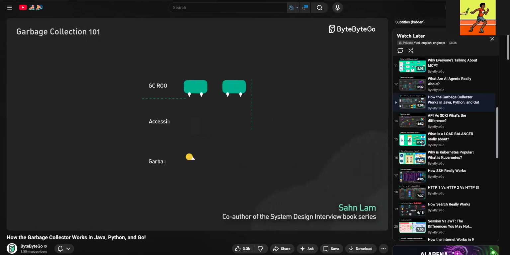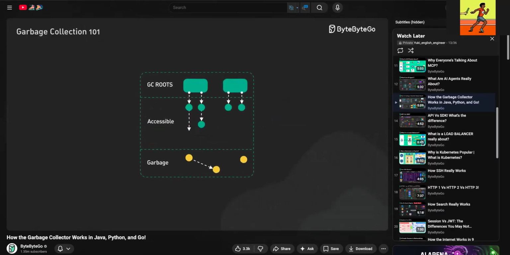Next. At its core, it's about reclaiming memory that's no longer in use by a program. This sentence is reclaiming memory that's no longer in use by a program.